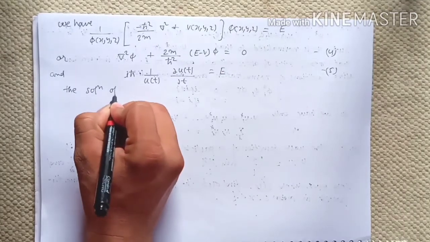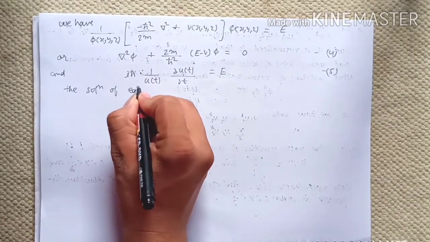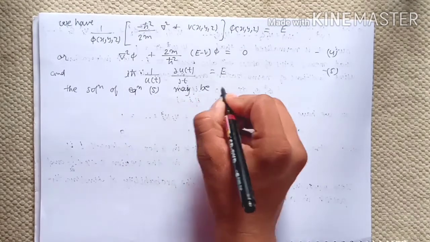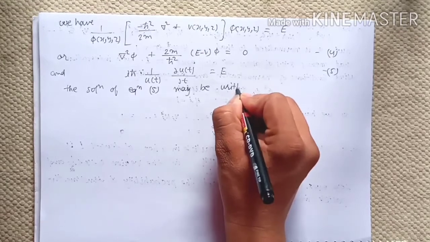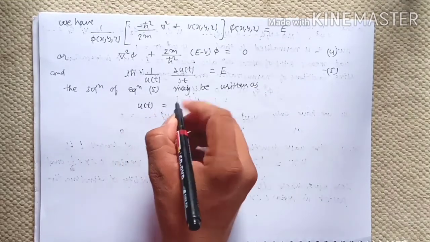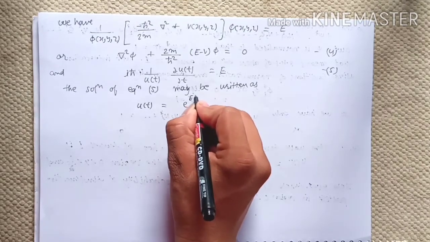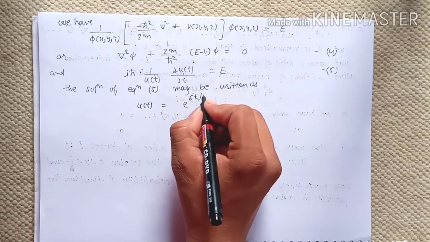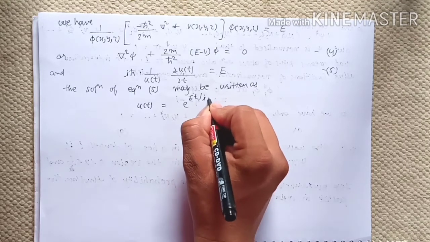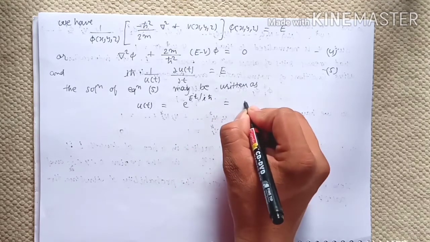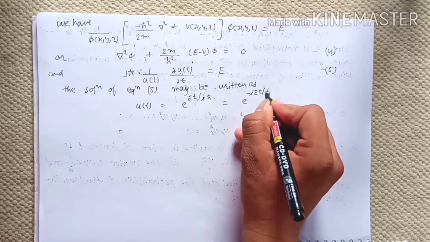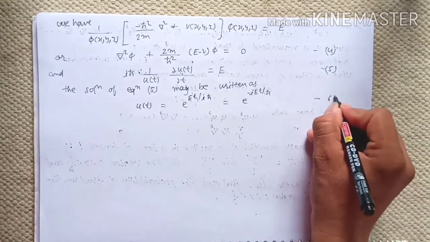The solution of equation 5 may be written as u t is equal to e raised to power E t over iota h cut, is equal to e raised to power minus iota E t over h cut. Equation number 6.